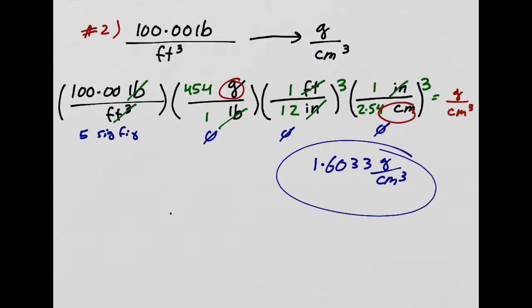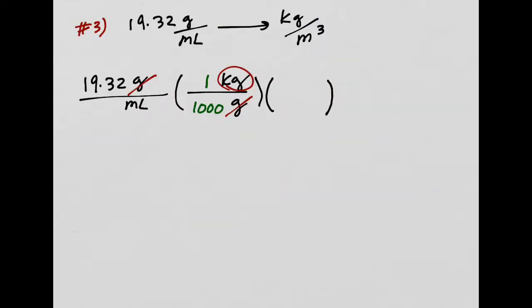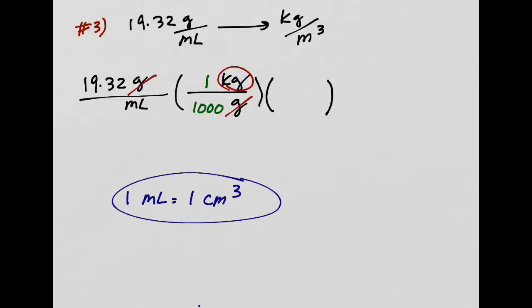But there is one thing that you know that I ask you to remember. If you remember, we said 1 milliliter equals 1 centimeter cube. This you know. Do you agree? Okay. So how about this idea? I can convert milliliters to centimeters cube, and then I can convert centimeters to meters cube.